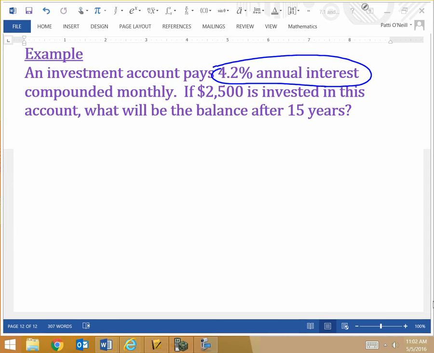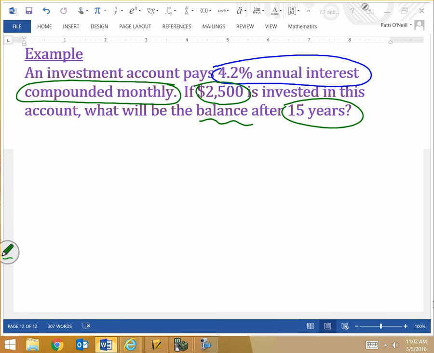We know that interest is compounded monthly. So that means 12 times during the year. So when we talk about the compounding, we want to think about how many times per year that's happening. The $2,500 is invested into the account. So that's how much we're starting with. We want to know what the balance will be after 15 years.